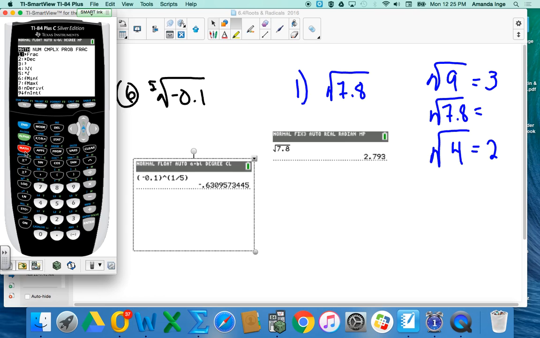I really don't like this because it takes so long to go down to 5. And do you see where on math print you can put in 5 and then put in the number negative 0.1 and get an answer. But I don't like the math print mode, so I leave mine on classic. In which case you're going to have to put in a caret top. Everybody understand that?